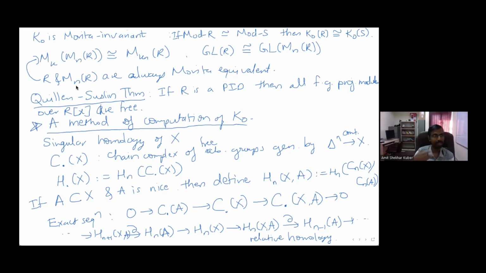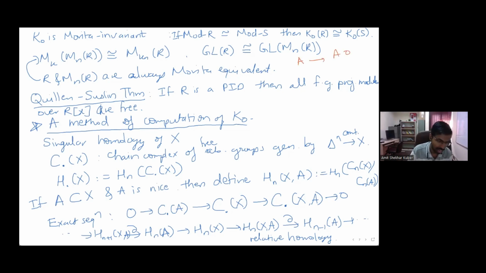Sir, the continuation of this question: is the embedding of R inside MNR as scalar matrices giving the isomorphism after passing through the direct limit? Actually, I did not say that, I could have. I will write it over here. A matrix A maps to A, 0, 0, 0.